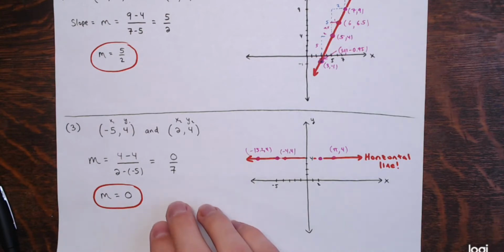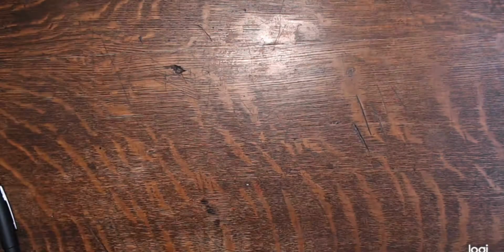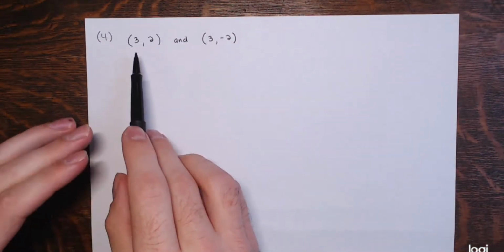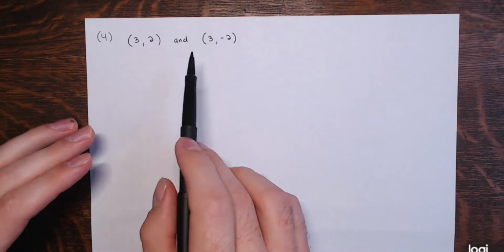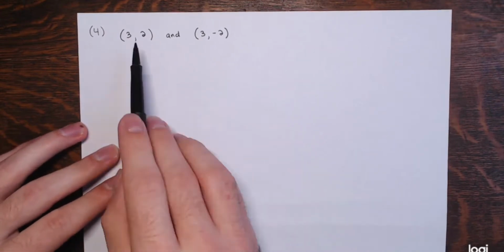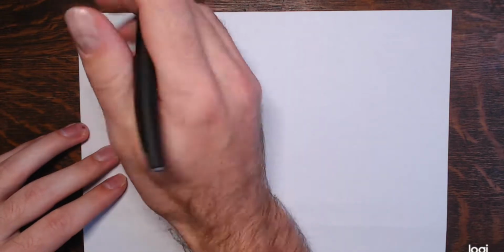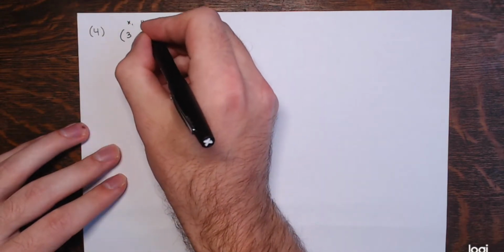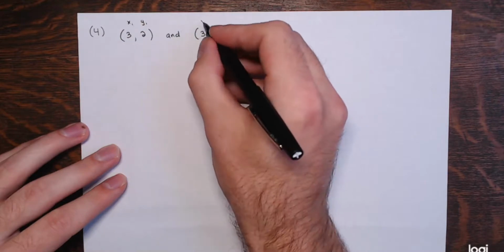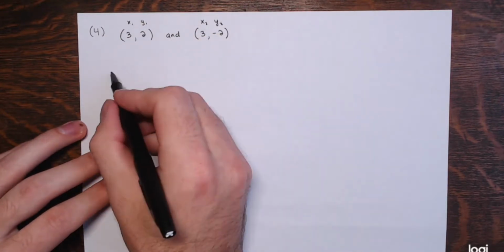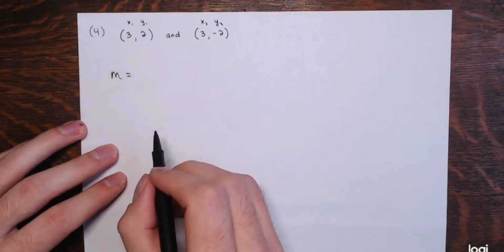Okay. All right, and then my last example, and then I'll get into what happens in general. All right, I'll write out a page for that. So here we have, in example 3, the points had the same y coordinate. Well, here in example 4, these points have the same x coordinate. So again, I'm going to call this x1, y1 for the point 3, 2, and x2, y2 for the point 3, -2. And let's calculate the slope. M equals, right?